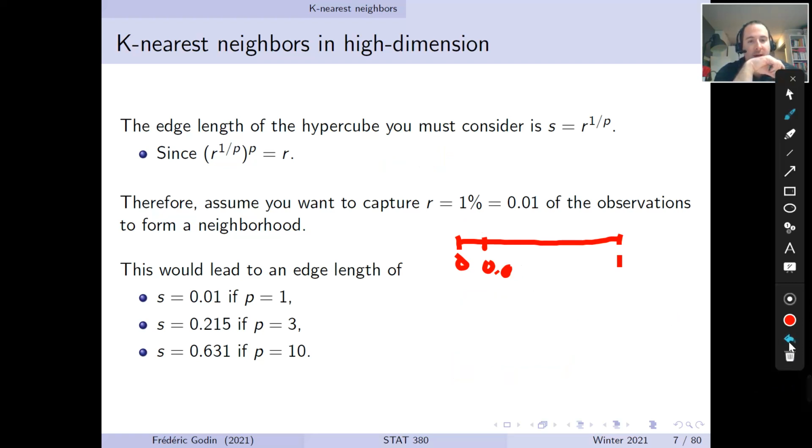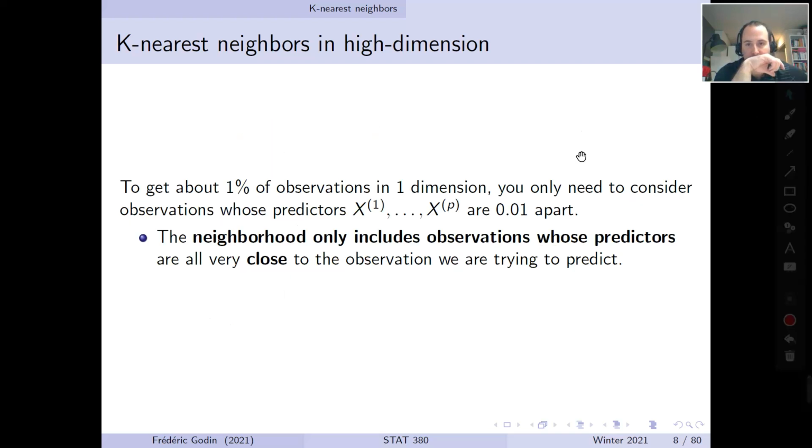So what's the consequence of this? If you're in 1 dimension, let's say the dimension space is very small, to get 1% of the total area, you only have to consider values of the predictors, x1.